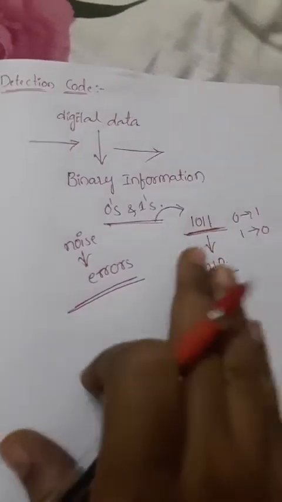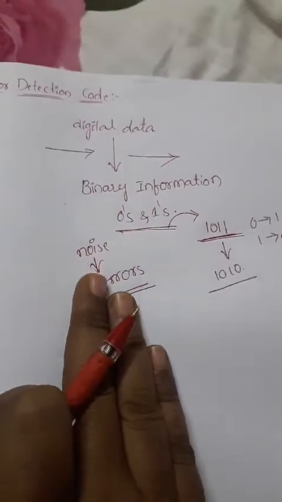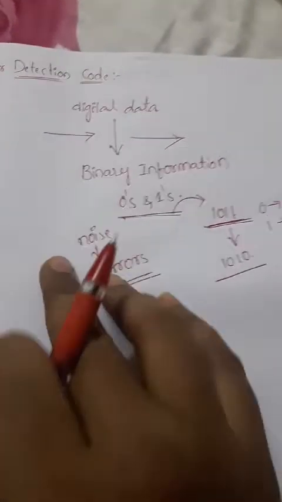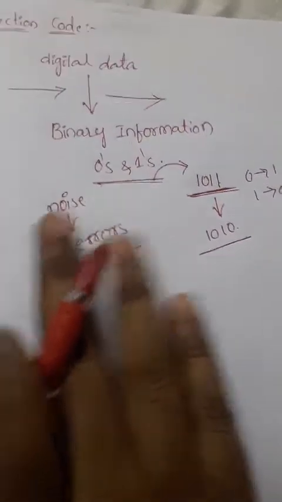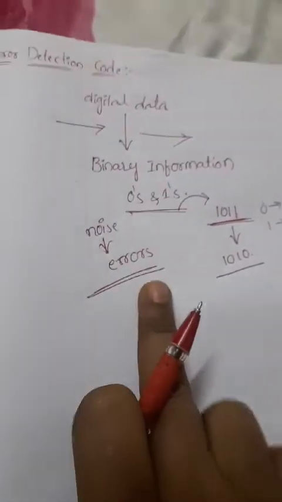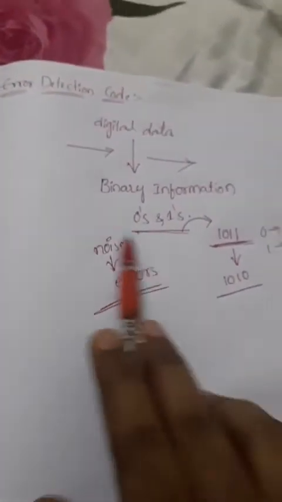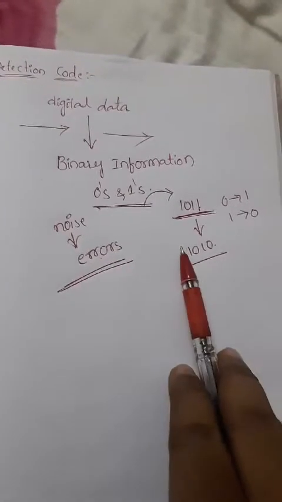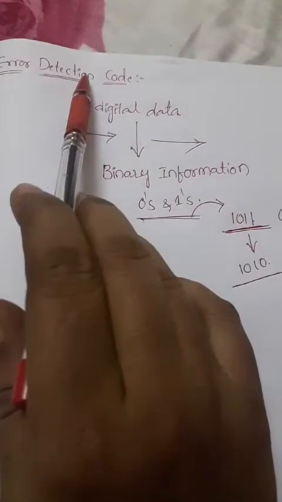Those disturbances and errors we need to eliminate, and by using the error detection code we can detect the errors so that they are eliminated.